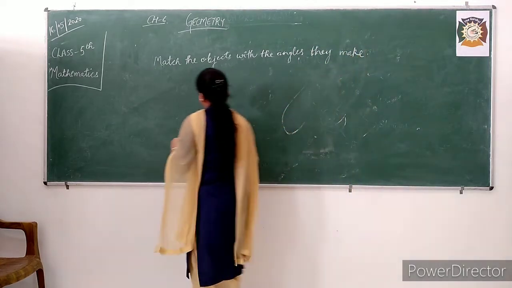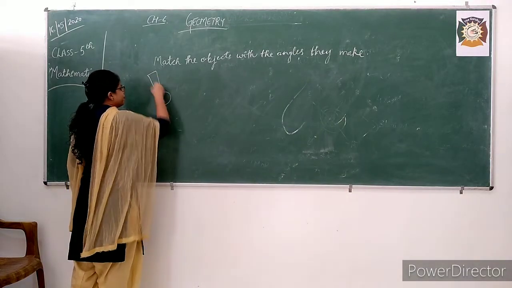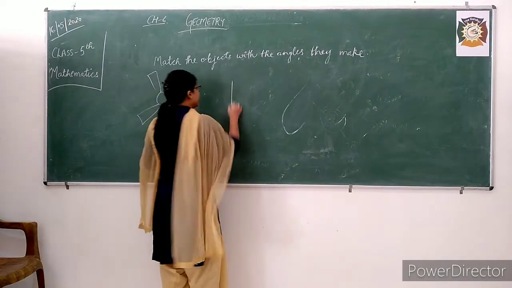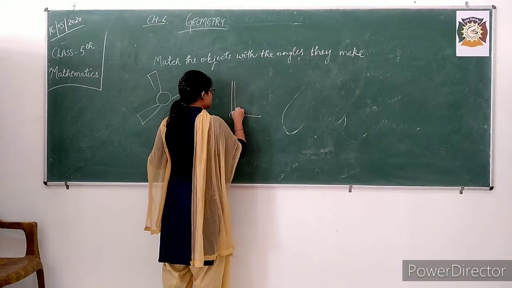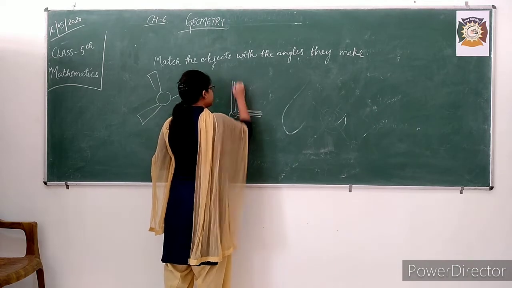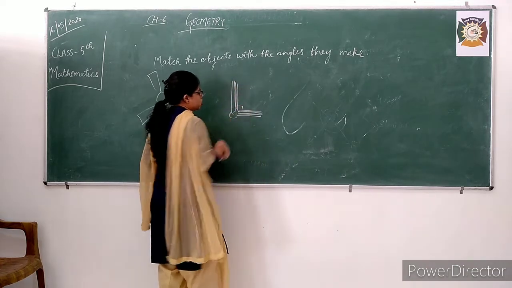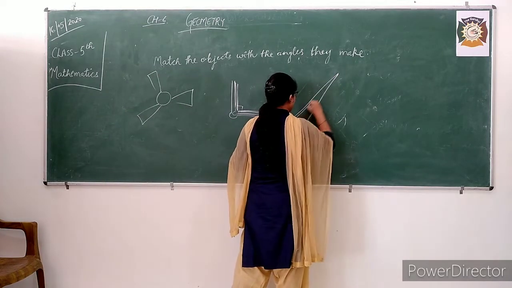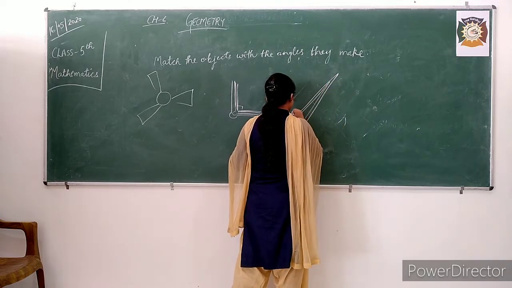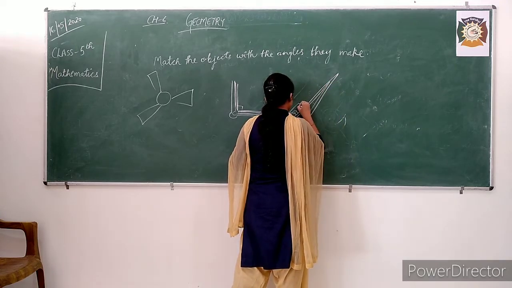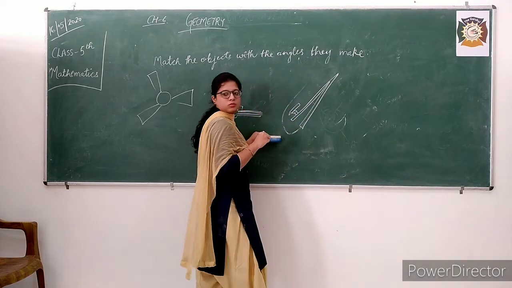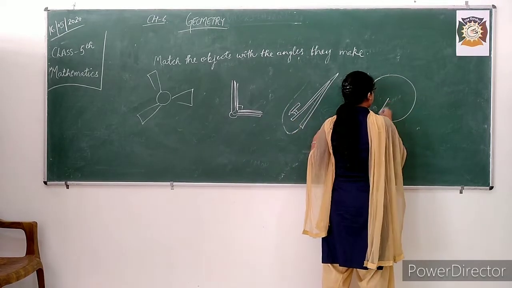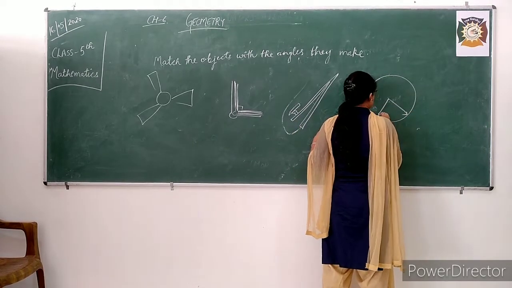The first object is a fan. Next is a book, an open book like this. These are pages, and actually they are at a right angle. Next is a compass, with a pencil, and you have to mark the angle. Next is a clock, in which you are given the time like this.